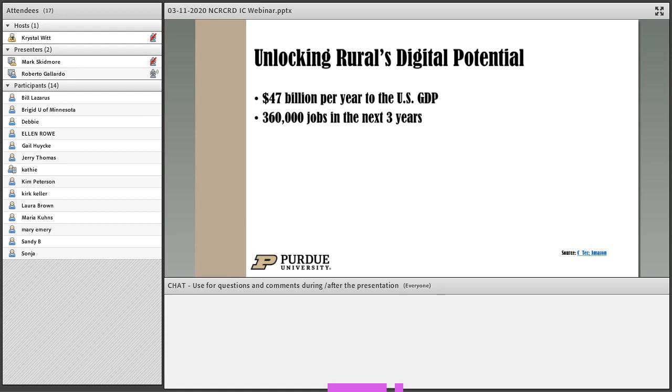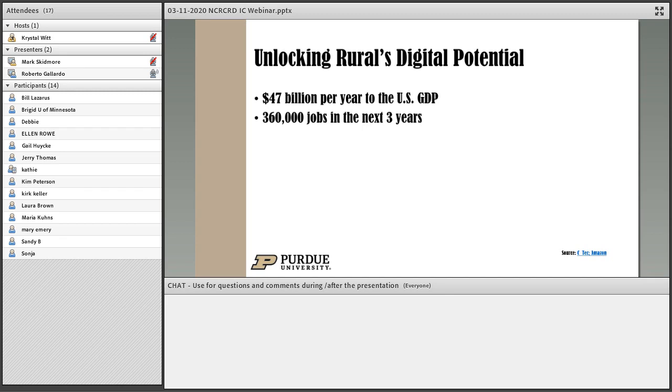Another study came out from the U.S. Chamber of Commerce, their tech division, in partnership with Amazon. So the results have to be interpreted with a grain of salt. However, based on my anecdotal work with real businesses, I think it's pretty close to what this study found: that if suddenly all the digital potential of rural businesses were unleashed, it would contribute about $47 billion to the U.S. economy every year.